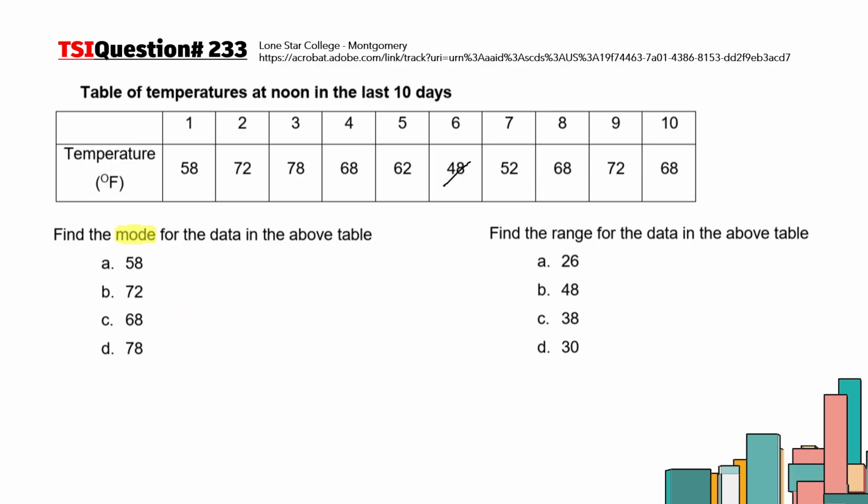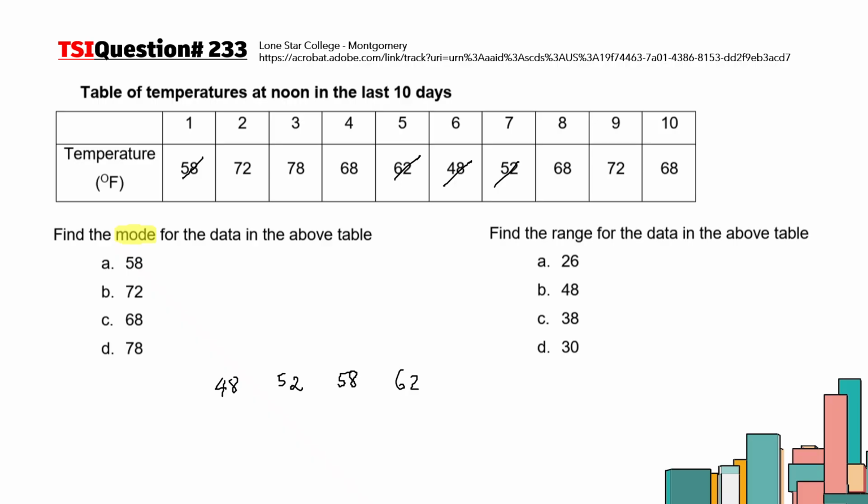We have 48 is the smallest one. Then we have 52. Then we have 58. Then we have 62.